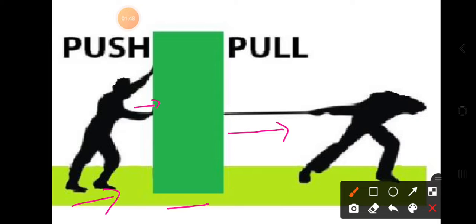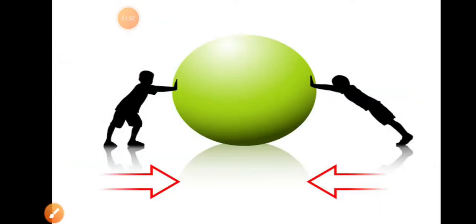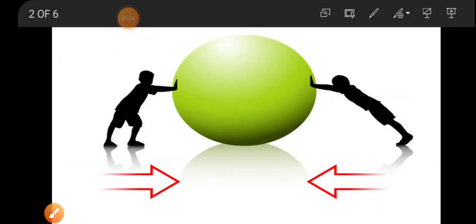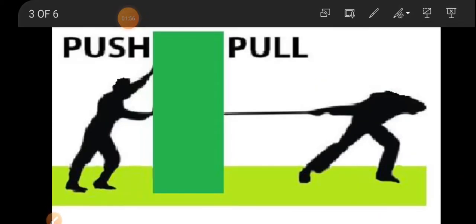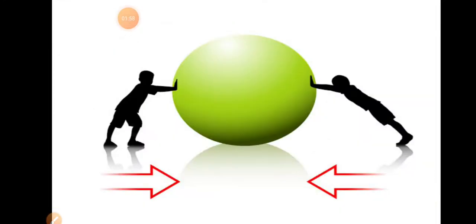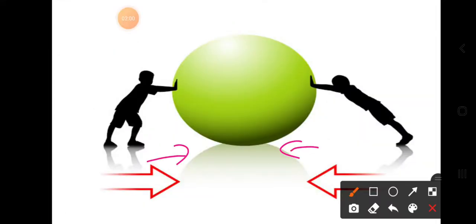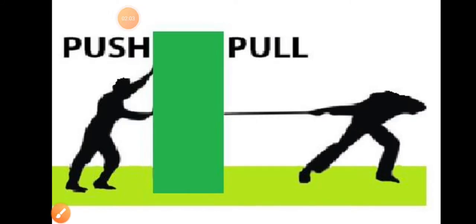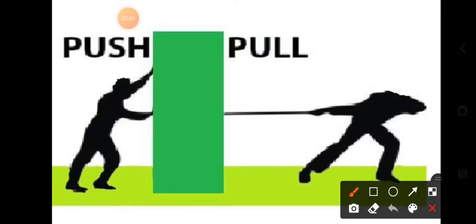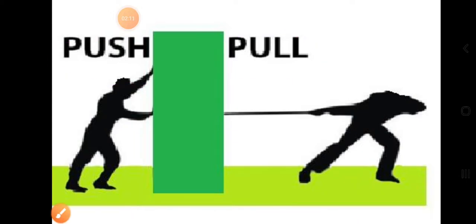So here both are acting in the same direction, whereas in the previous picture both the actions were happening in opposite directions. One is pushing and the second one is pulling the block.